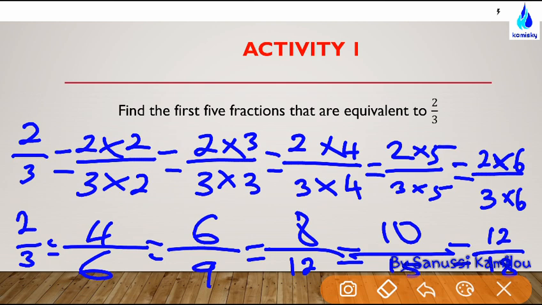And then 12 out of 18. These are what we call equivalent fractions or equal fractions. And if you count it, 1, 2, 3, 4, 5. So these are the first 5 fractions that are equivalent to 2/3.